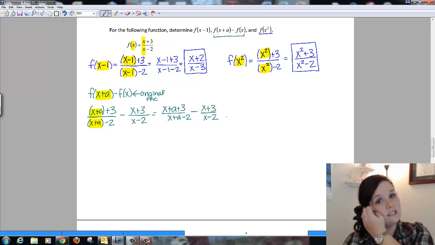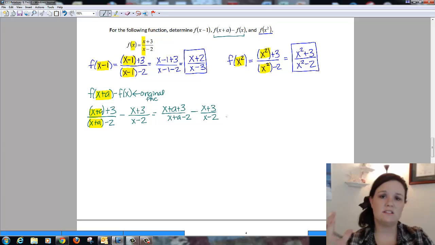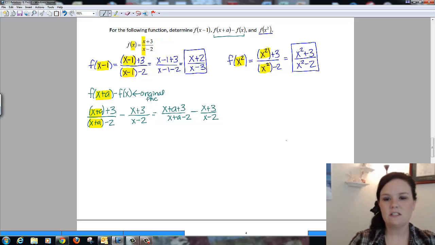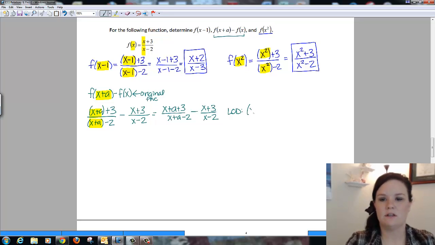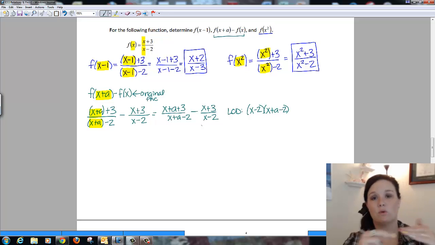Now, I can't just leave it like this because there's two terms. Anytime we have fractions, we like everything together in one term. So I need to get a least common denominator. And here my least common denominator would need both denominators, which is x minus 2 and x plus a minus 2. So I want both of these to have that denominator so that I can write it all over that same denominator.